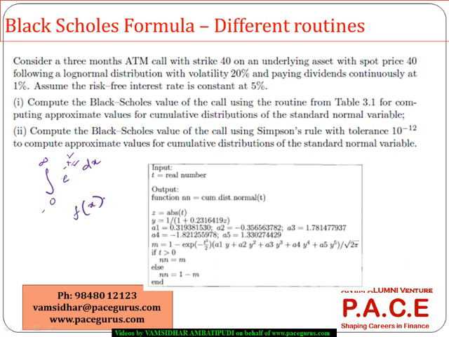The density function, I know that it is 1 by square root of 2 pi, e to the power of minus half x squared. So what I can very well do is I can find out this e to the power of minus half x squared for each f of a and f of x.